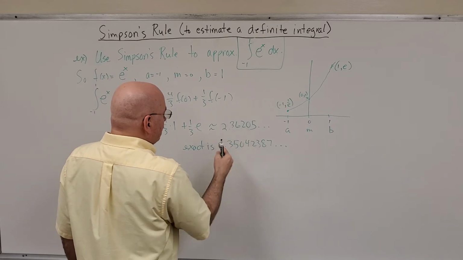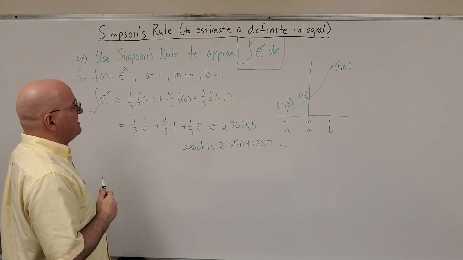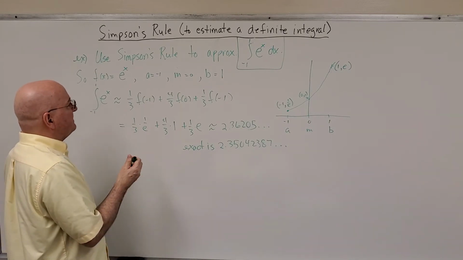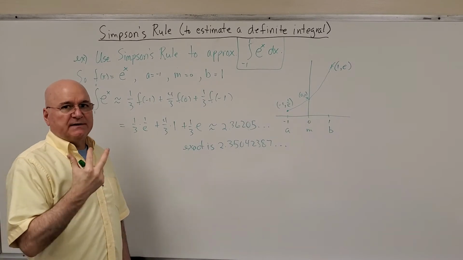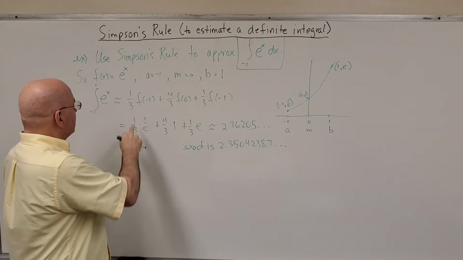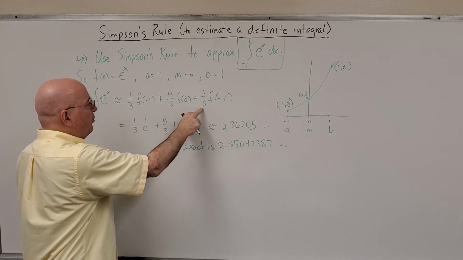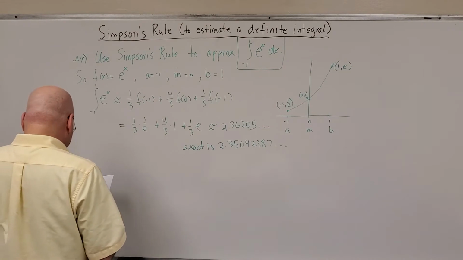It's only off in the 1 in the hundredth place, but look how trivial this computation was. We just evaluated the function e to the x at 3 points and took a linear combination of them, the one specified by Simpson's rule, 1/3, 4/3, 1/3. Amazing that that works so closely.